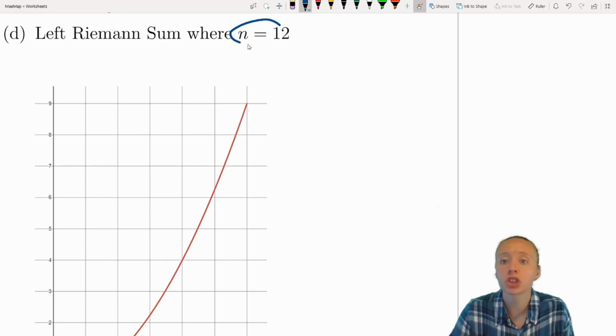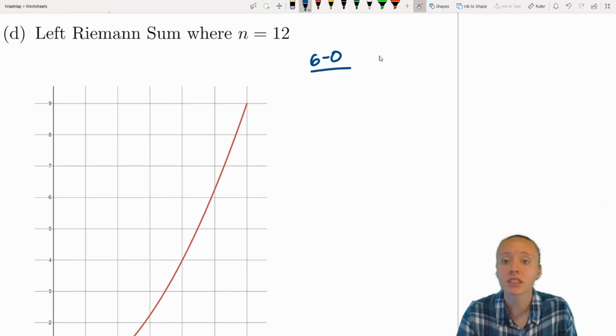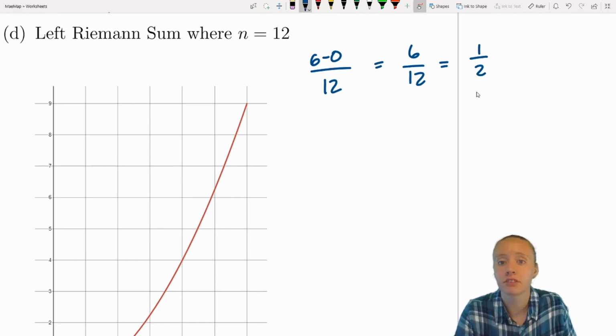So now if I want 12 rectangles, I'm still using that same interval from 0 to 6. Remember, that interval has a width of 6, and if I want that divided into 12 individual rectangles, each rectangle is then going to have a width of 1/2. And I'll go ahead and do this with a left Riemann sum.